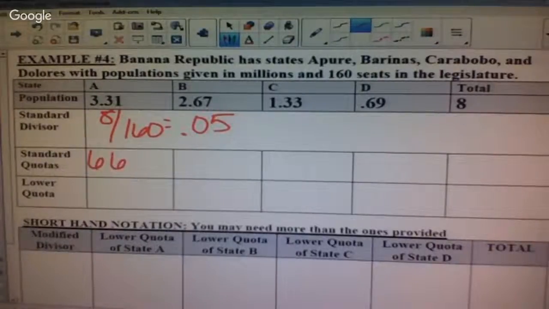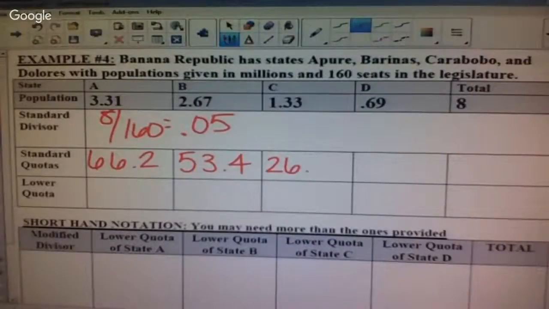So you should be at 26.6 and 13.8. Okay, the decimals really aren't going to matter all that much in Jefferson, Adams, and Webster's method.